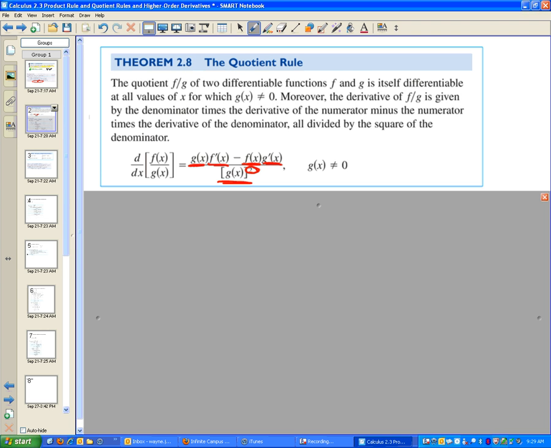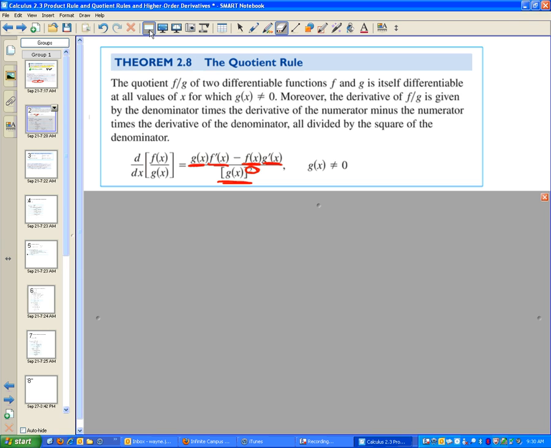Whatever works, you got to memorize it. Okay? So if low-D high minus high-D low over low-low works for you, then great. Or if the bottom times the derivative of the top minus the top times the derivative of the bottom over the bottom squared works for you, great.